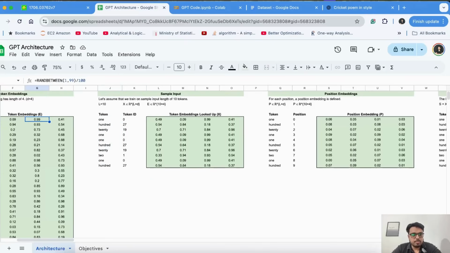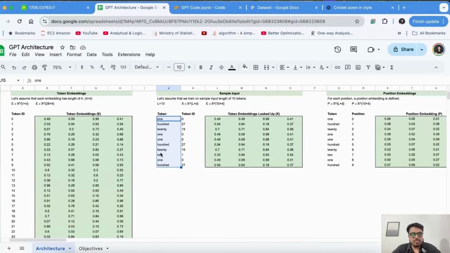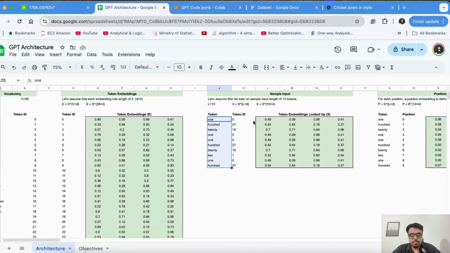So for example, if we take the first sample input, which is 121, 122, 100, so if we take 10 tokens in a sequence, the idea is to predict the next token, which will be 20 over here. So what we do is we effectively look up the embeddings that we have just created.